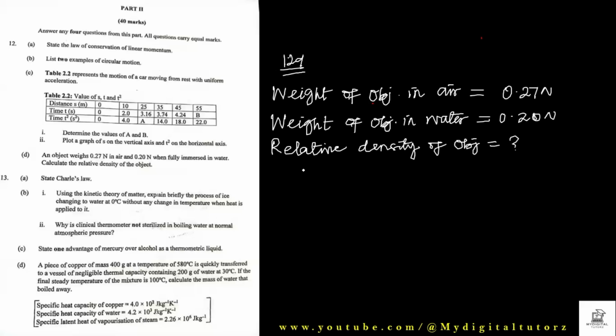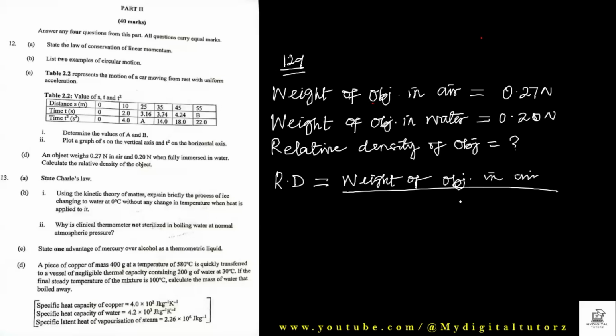The next thing to do is to recall the formula or the relationship between relative density, weight of object in air, and the equal volume of object or water displaced. So we have this formula which says that relative density is equal to weight of object in air all over the upthrust.